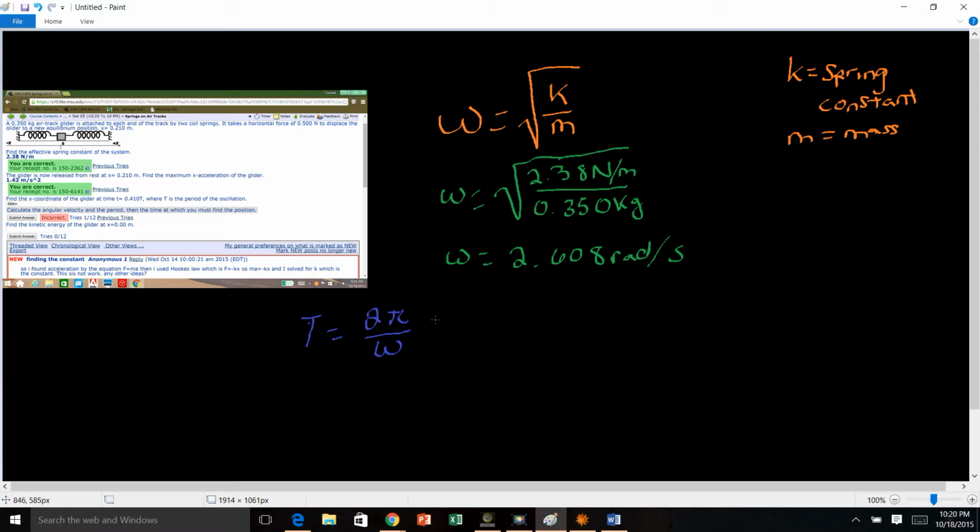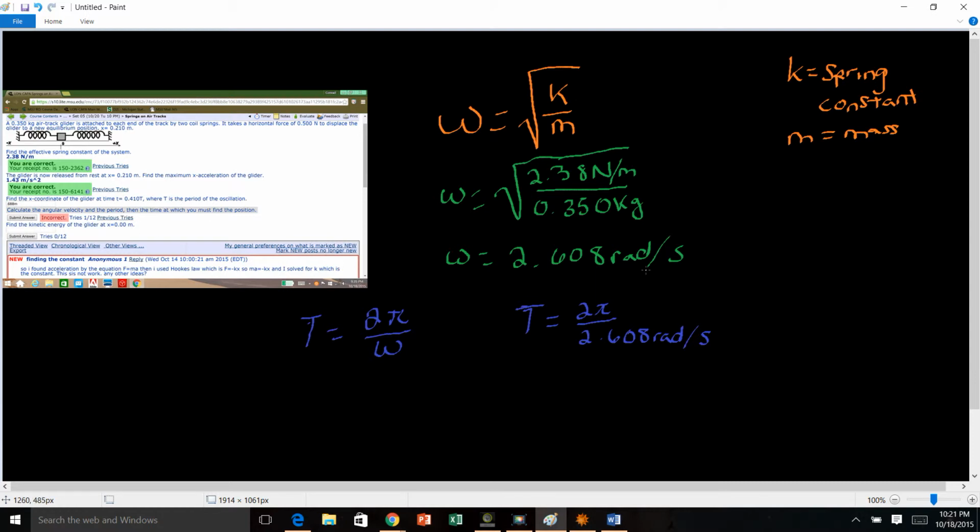So we'll just solve by plugging in our values. I'll write it over here for you. T is equal to 2 pi divided by 2.608 radians per second. So remember, our radians will cancel out because this 2 pi here, we measure that in radians.